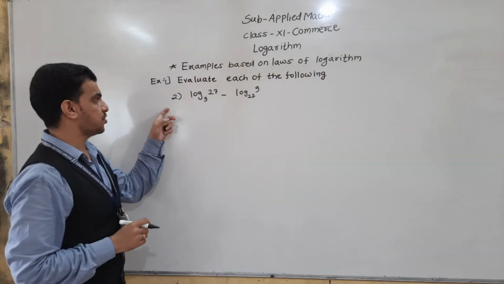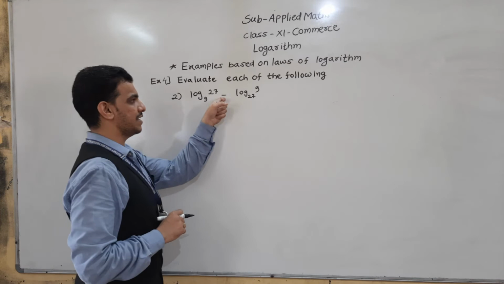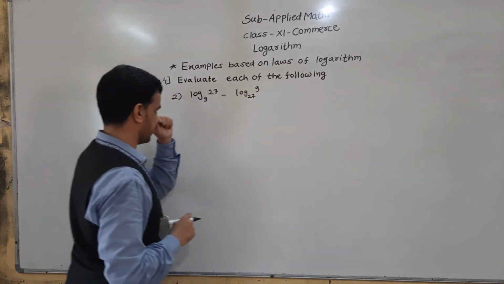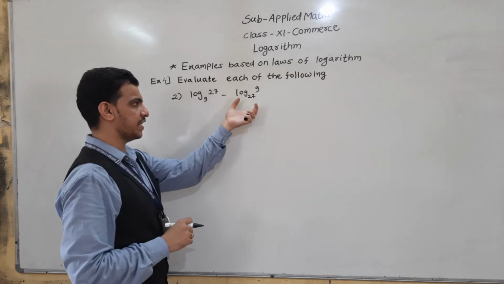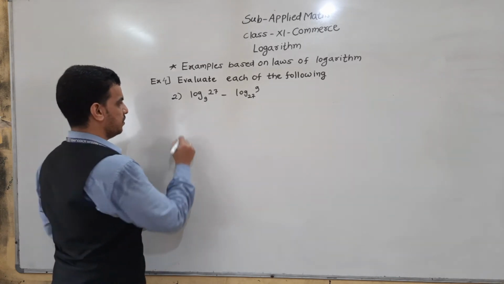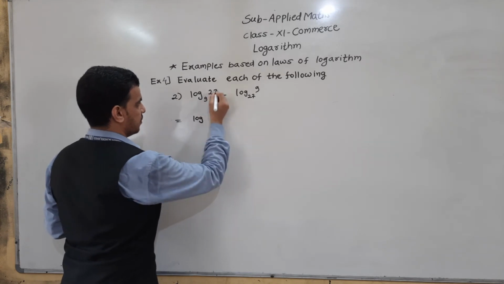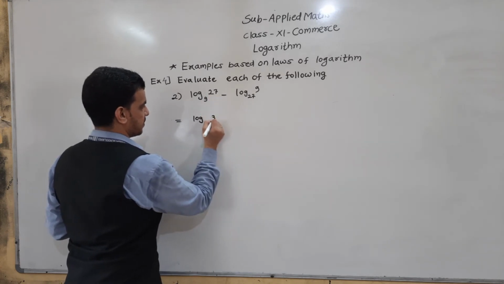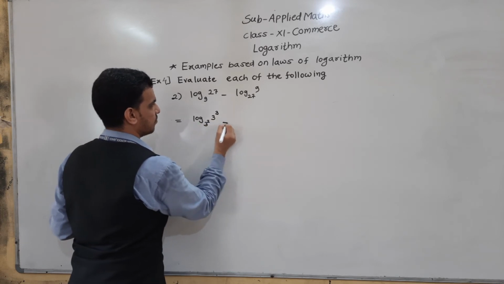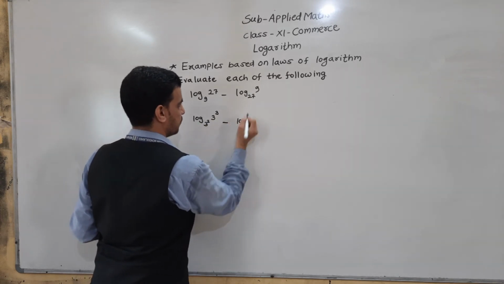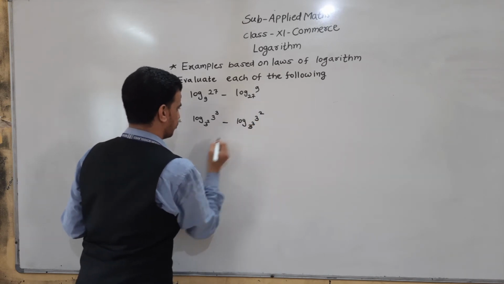The second sub question of this question is log 27 to the base 9 minus log 9 to the base 27. Okay, now 9 and 27, both numbers we can write in power of 3. So log of 27 we can write 3 raised to 3 and 9 we can write 3 square, minus log of again 9 we can write 3 square, 27 is 3 cube.